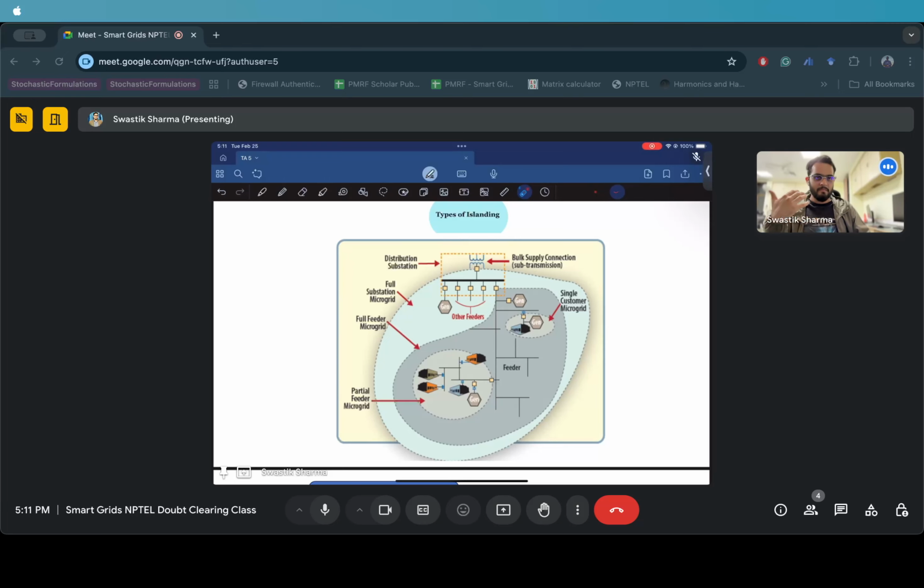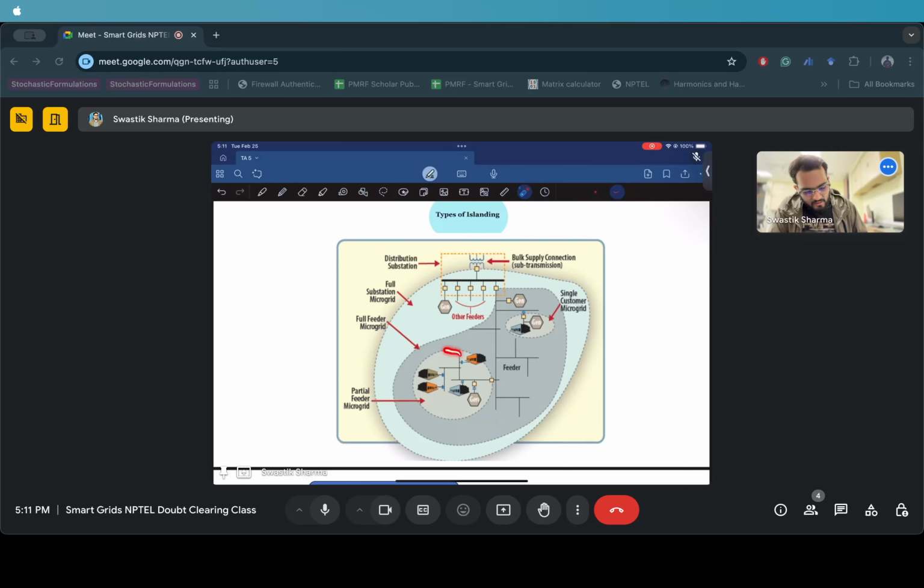When I say bulk supply, the power coming from the large generators, right? And there are many feeders connected to it. If you remember, I showed you this SCADA diagram of IIT Kanpur, right? Over there, there were many feeders, just like this. This is one overall view of how a distribution system looks, right? There are many feeders, and over there, there is this section of feeder available to us, right?